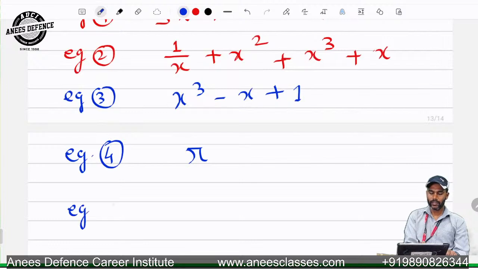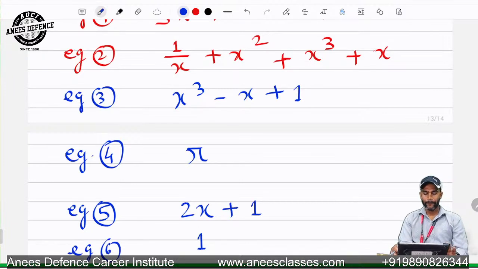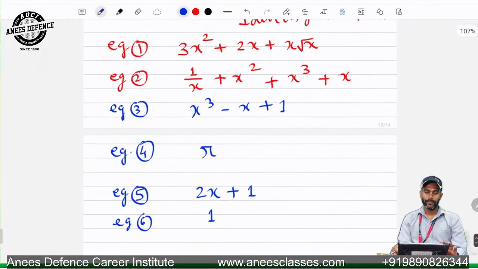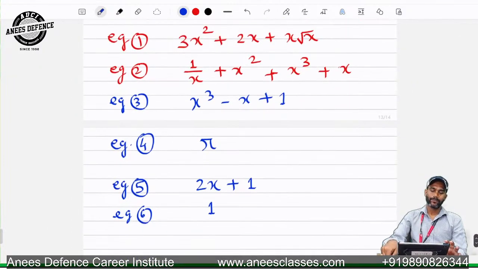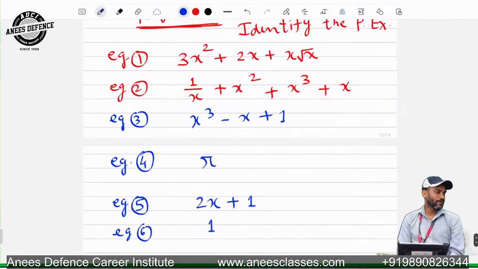Example number 5: suppose we have 2x plus 1. Example number 6: 1. Tell me, which one of them is a polynomial in x?